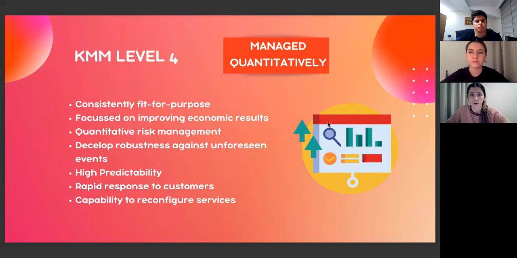At level 4, managed quantitatively: consistently fit for purpose, and it focuses on improving economic results. It develops robustness against unforeseen events, and it has high predictability and the capability to reconfigure services.